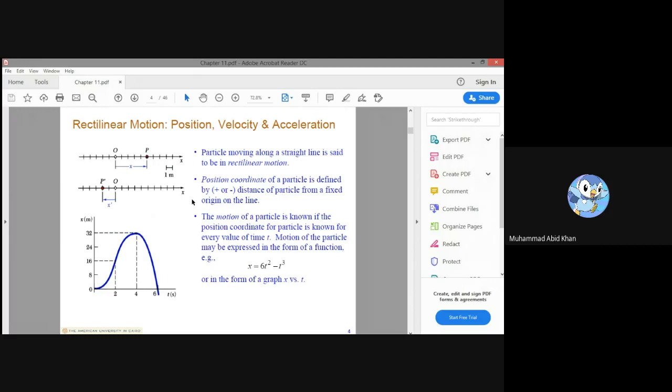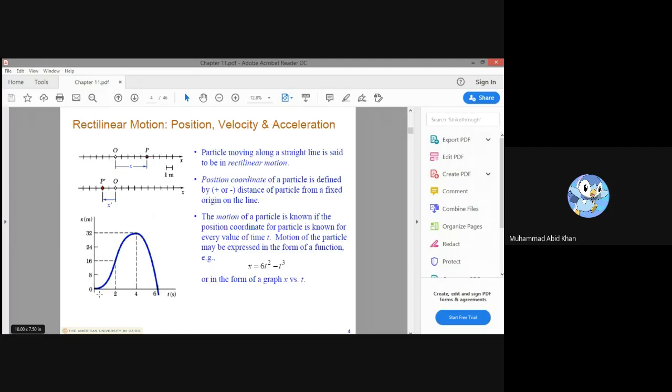As you can see in the given figure, the motion of a particle is known if the position coordinate of the particle is known for every value of time. Time is in the x-axis direction, and distance is in the y-axis direction.